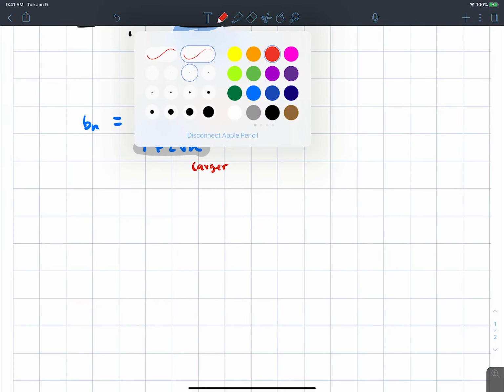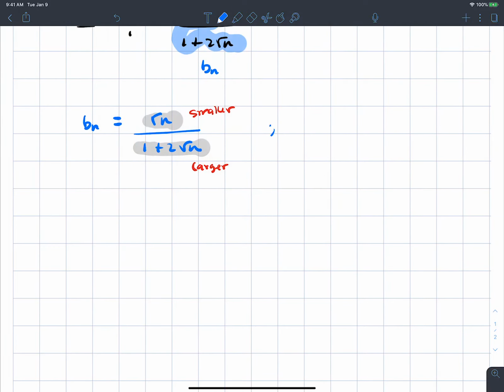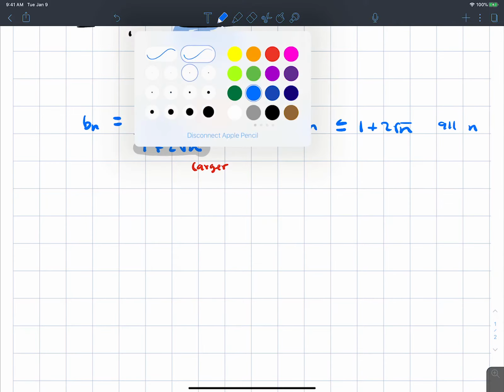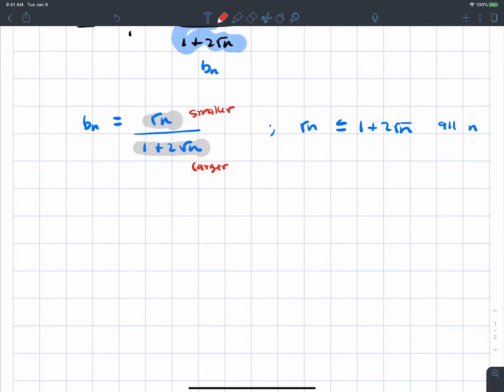And sometimes you can argue and say, well, the square root of n is less than or equal to 1 plus 2 square root of n for all n. And that's true. So you have the numerator over the denominator, smaller over larger. And so what's happening is the denominator is getting bigger much faster than the numerator. And so for every term, you're going to have a decreasing situation because of this relationship.